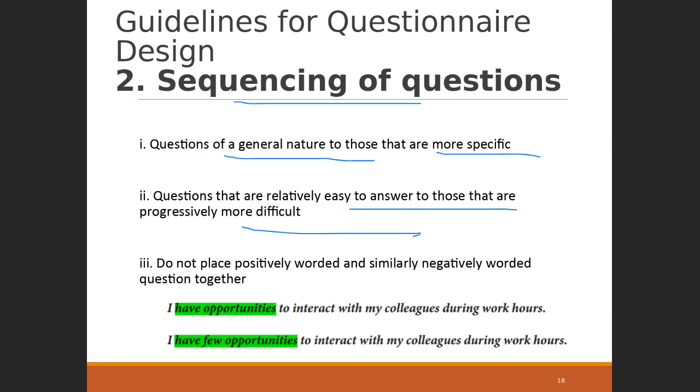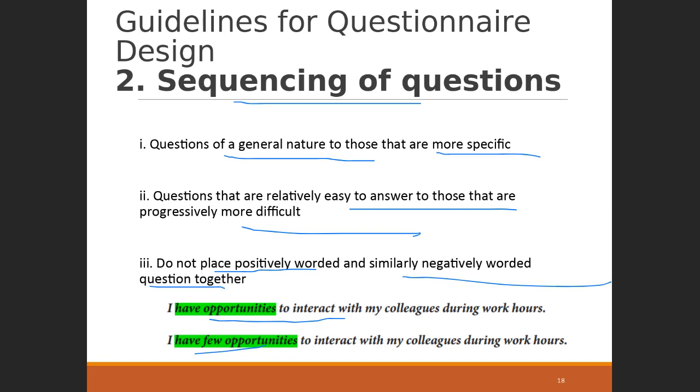Another important thing is that you should not place positively worded and similarly negatively worded questions together. It is advisable not to place together a positively worded and a negatively worded question tapping the same element or dimension of the concept. For instance, if you are putting two questions like mentioned in the slide, I have opportunities to interact with my colleagues, and I have no opportunities or few opportunities to interact with my colleagues during work hours.